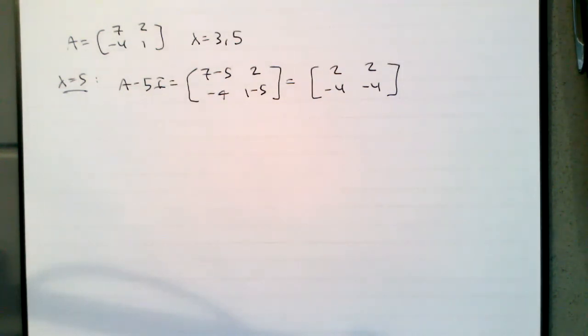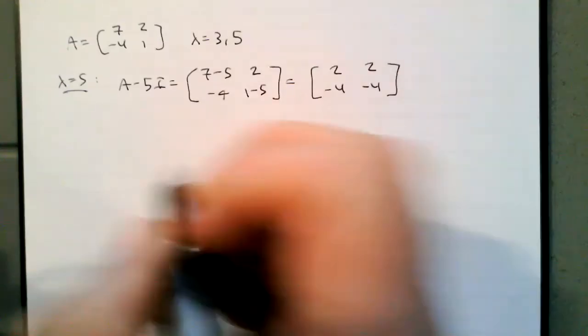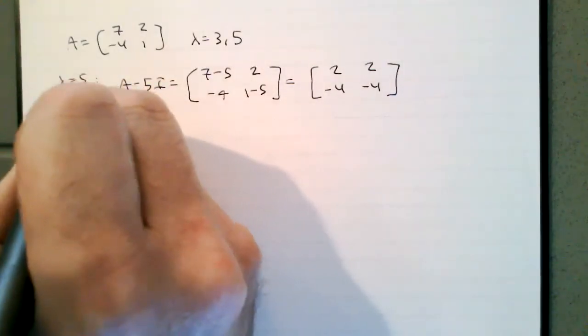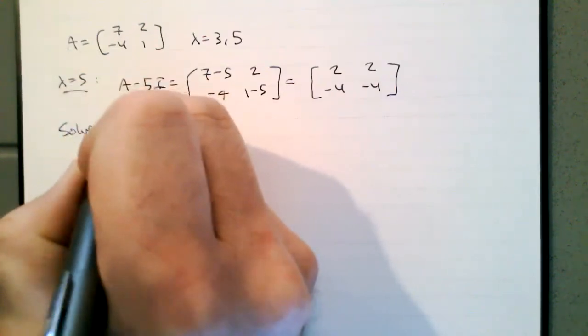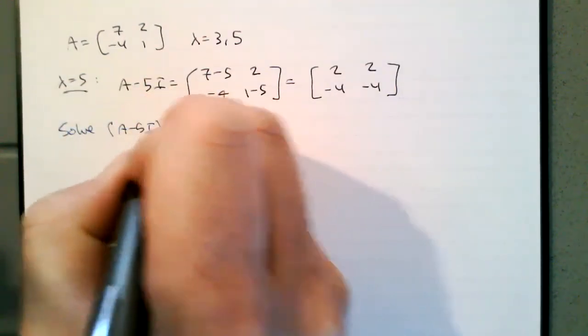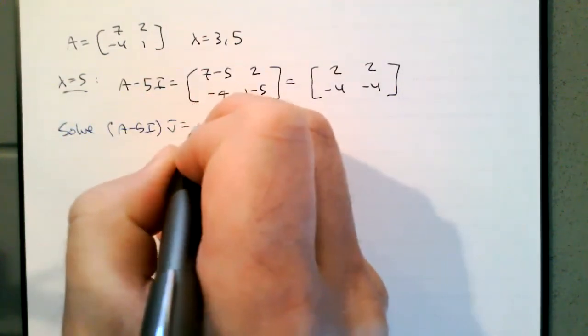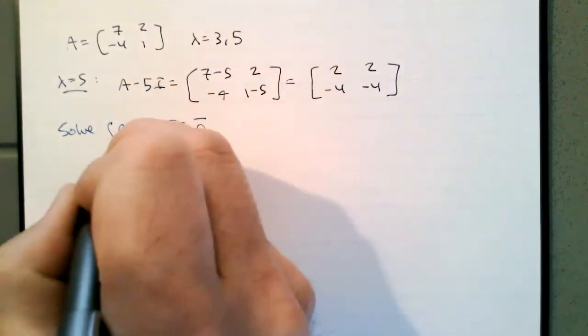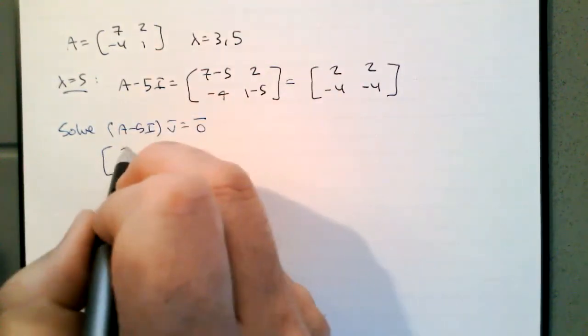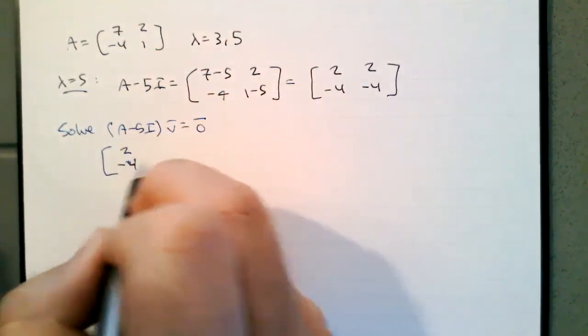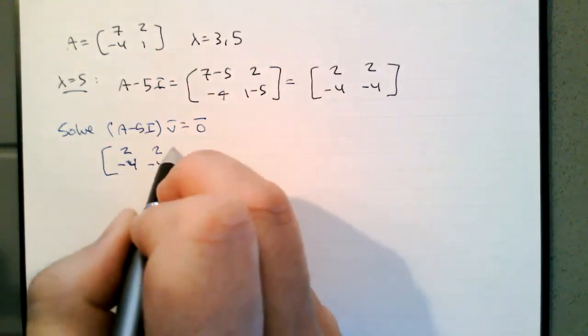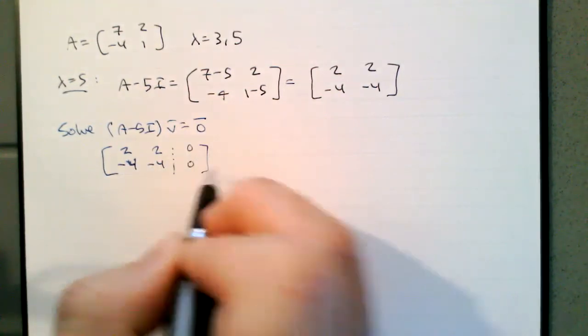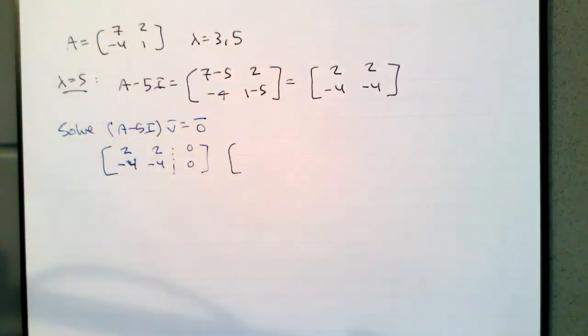So our homogeneous equation will have non-zero solutions. We need to solve A minus 5I times v equal to 0. And we're going to use an augmented matrix like we do: 2, -4, 0, 2, -4, 0.